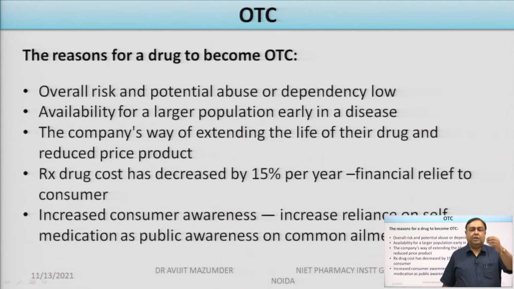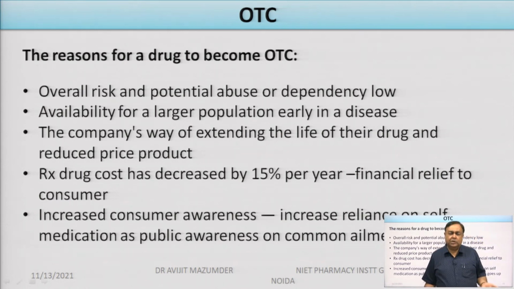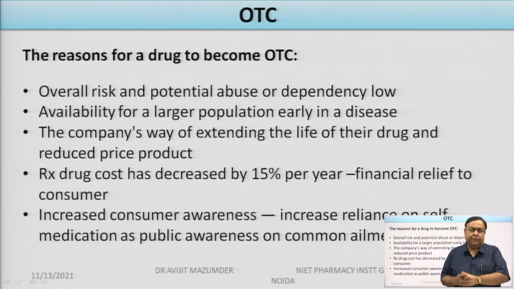If you require the drug in the very initial stage of a disease, and the drug does not cause a significant toxic effect in your body, the drug can be allowed in the form of OTC. It is also the company's way of extending the life of their drug and offering a reduced price product.